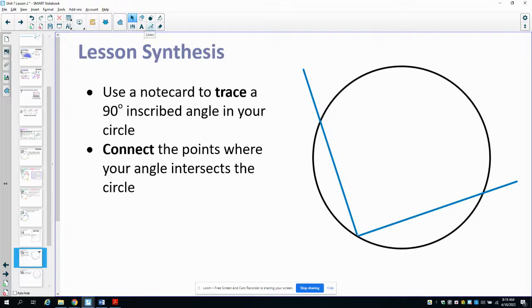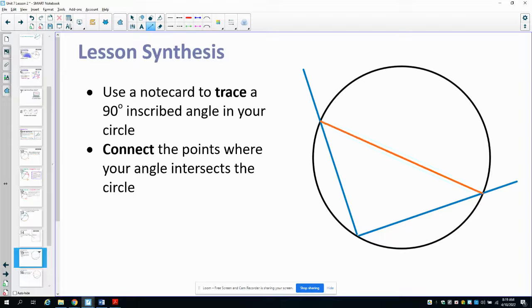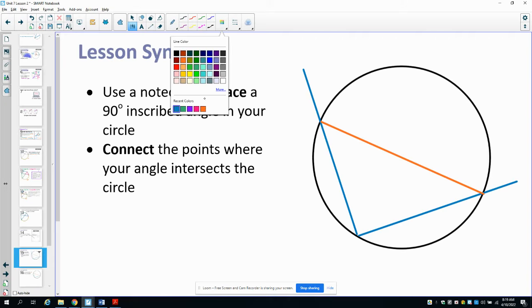And then connect the points where this crosses your circle. Where the angle extended to your circle, connect those 2 points. So you should have something that looks similar to this.